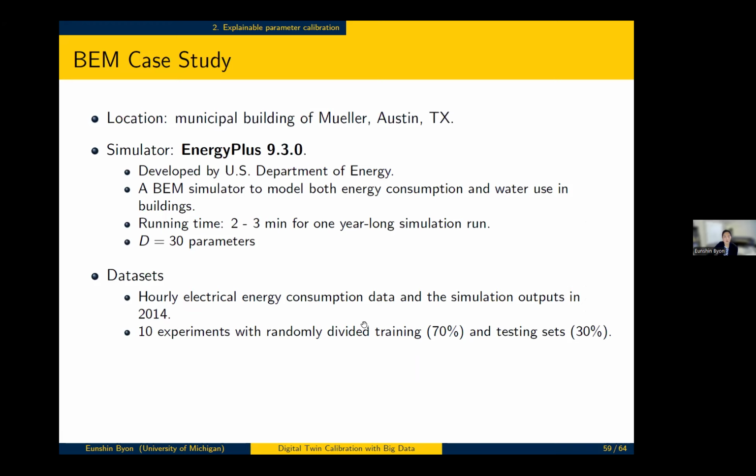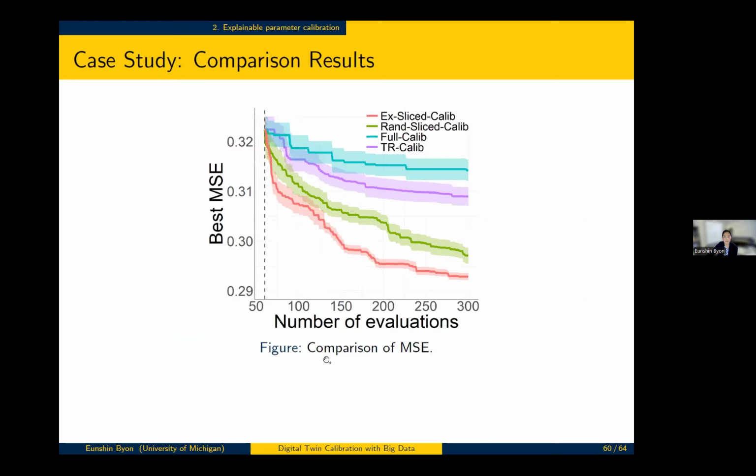We also apply our approach to building energy model calibration. We use the EnergyPlus building energy model developed by the Department of Energy's National Renewable Energy Laboratory, and we use actual data collected from a building in Austin. Here is the comparison of MSE. Red is the trajectory of our MSE over the BO evaluations, and the other trajectories are from competing algorithms.